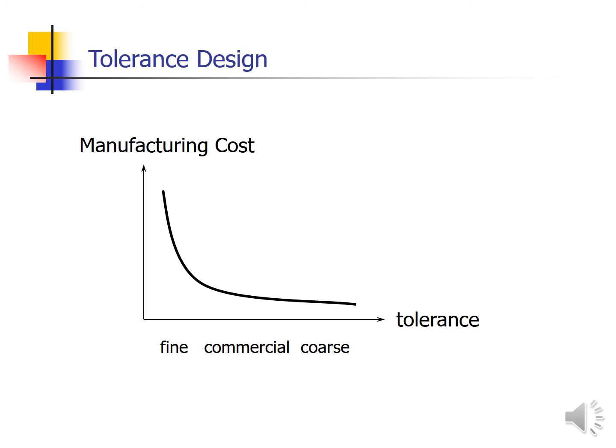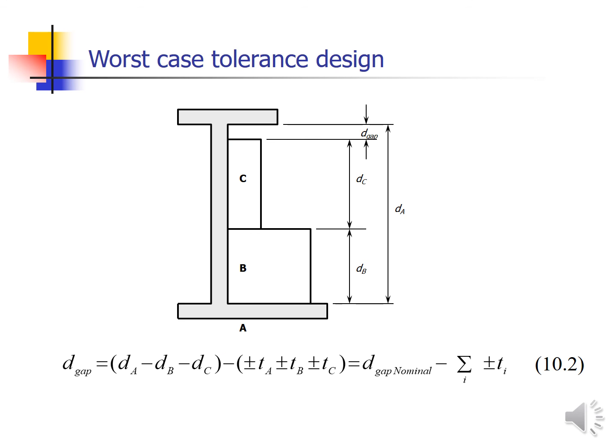Okay, tolerance. A very small tolerance becomes the highest cost for manufacture. Find commercial fine and cost tolerance. When you give a tolerance of more than plus minus 0.1 is normal.